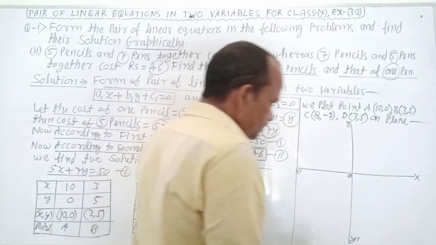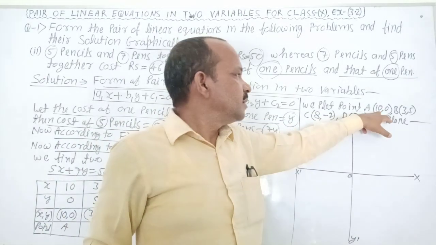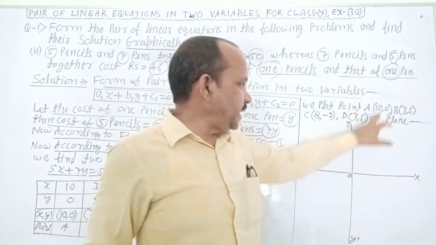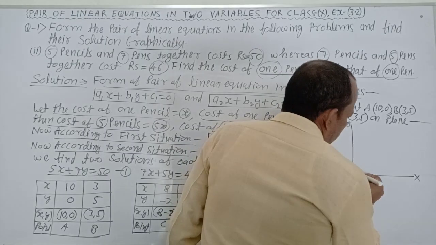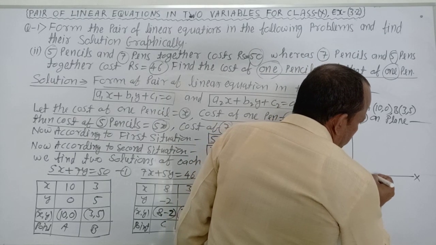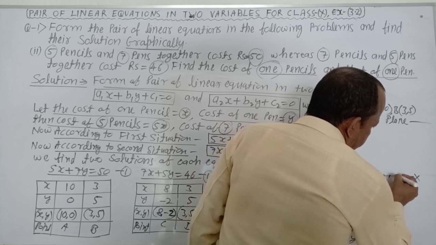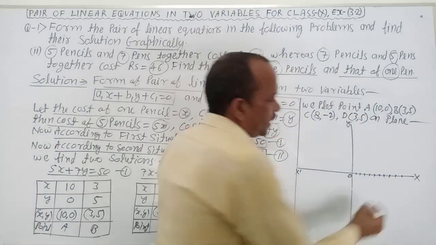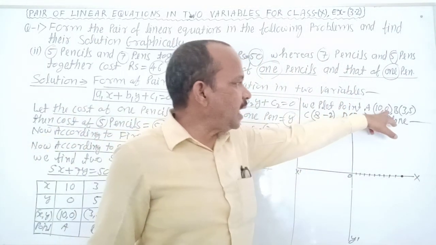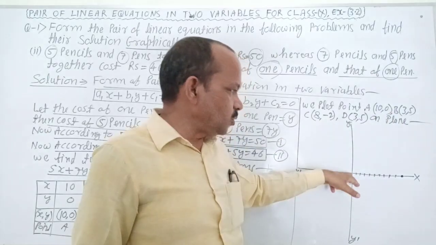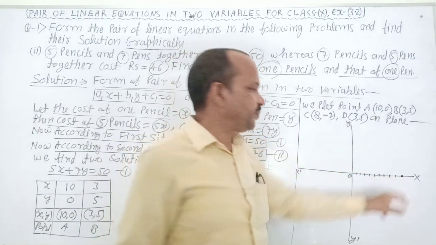Very good. Now you plot point A, 10 and 0. 10 on the x-axis in the positive direction. Here 1 2 3 4 5 6 7 8 9 10. 10 is here. Clear? 0 on the y-axis means at the origin. It means point A is here.